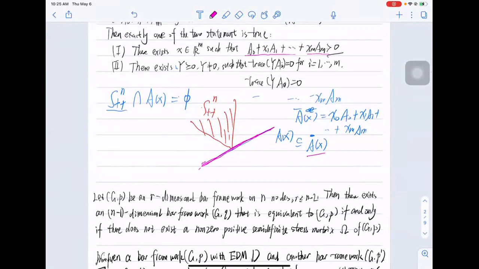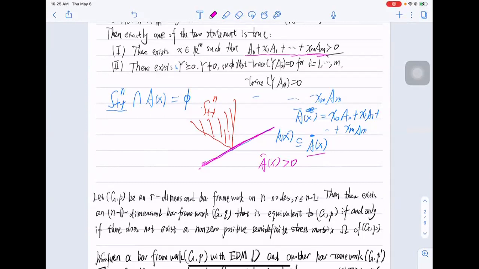So then I have to show that if there does not exist X such that this is true, then I claim that there does not exist X such that this A bar X is also positive definite. Why? Because this A0 is positive definite.